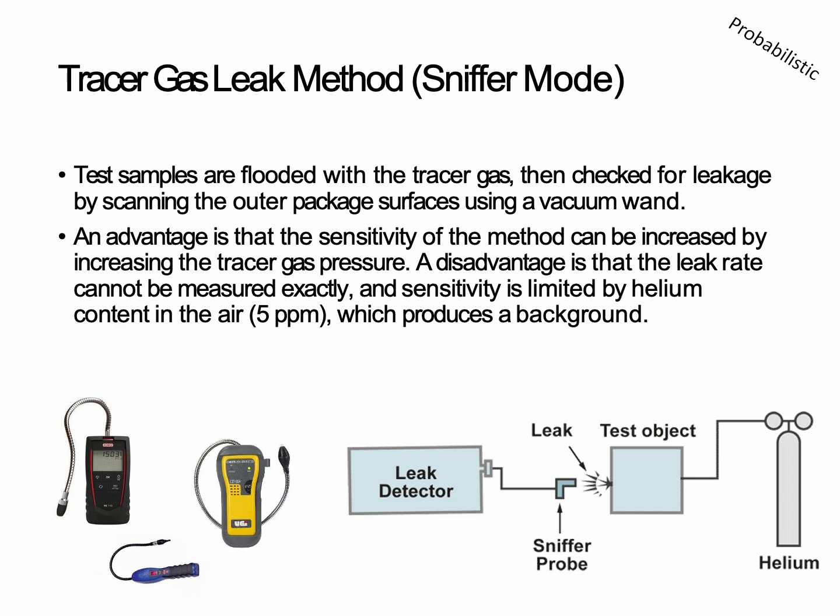An advantage is that the sensitivity of the method can be increased by increasing the tracer gas pressure, but the disadvantage is that the leak rate cannot be measured exactly, and sensitivity is limited by the helium content in the air, which is about 5 parts per million and produces a background. However, we still use some detectors, but as you see, this is a probabilistic test, an acceptable test obviously, but still a probabilistic test.